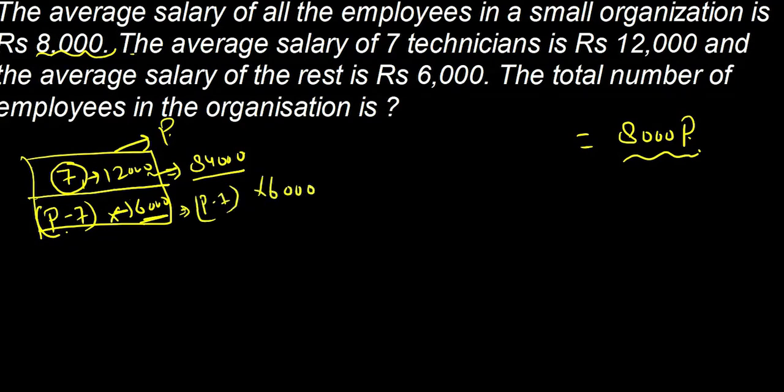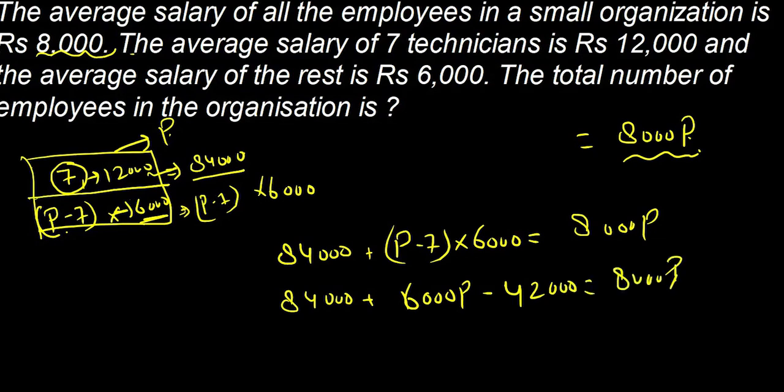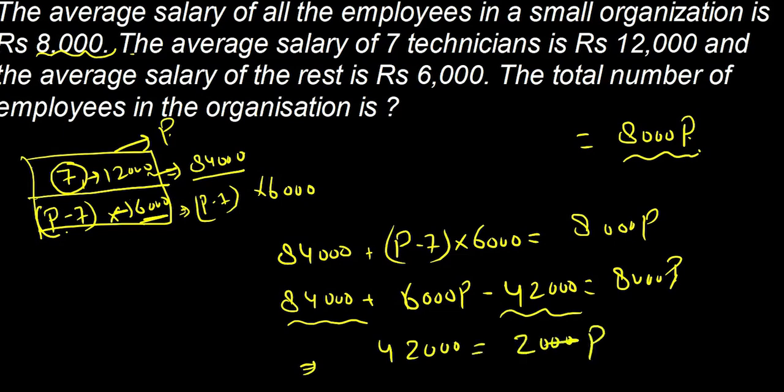So let's sum it: 84,000 plus P minus 7 into 6,000 equals 8,000 P. That is 84,000 plus 6,000 P minus 42,000 equals 8,000 P. 84,000 minus 42,000 is 42,000, which equals 2,000 P. So how many people were there?